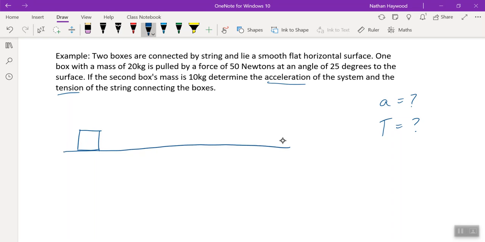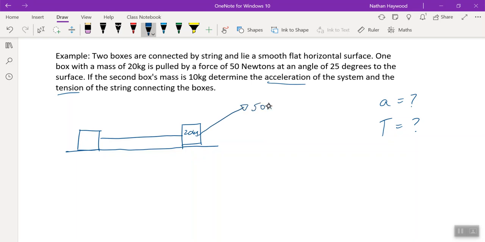So we've got a box connected to a box by a string on a flat surface, and one box with a mass of 20 kilograms is being pulled by a force at an angle of 25 degrees to the surface.